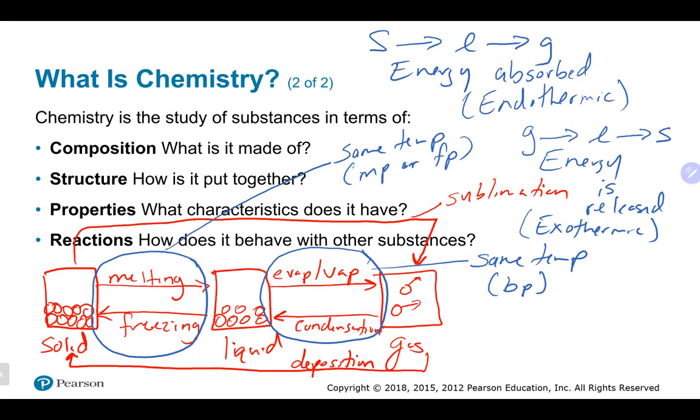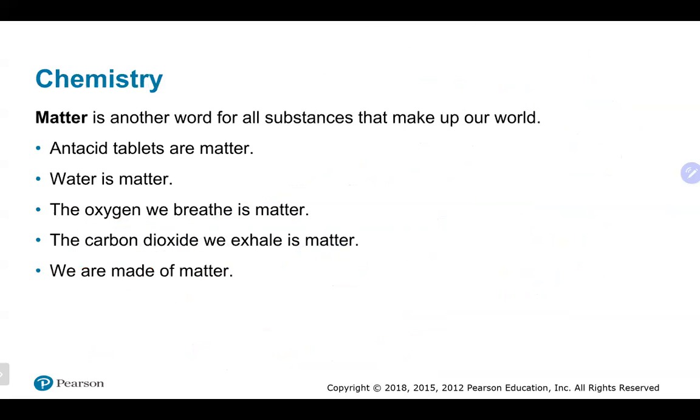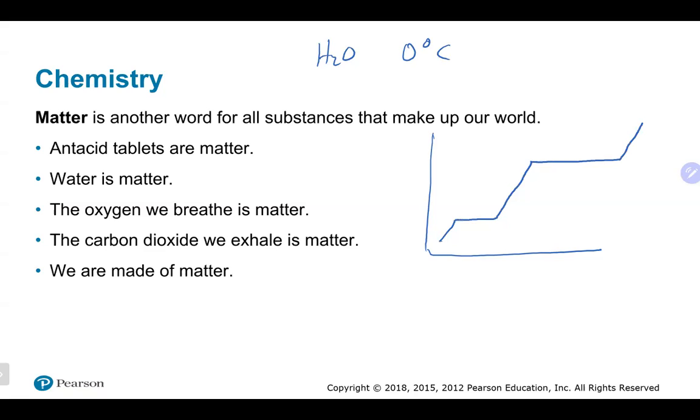They occur exactly at the same temperature. What that means, for example, water. Water freezes at 0 degrees Celsius. So when you look at, say, a heating or cooling curve, something like this, let's say that this is ice, and this would be liquid water.